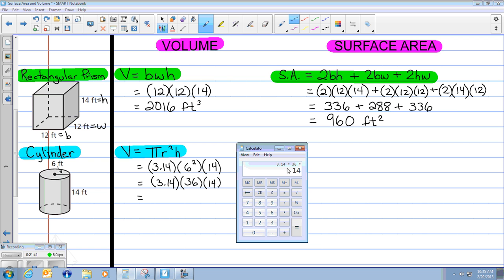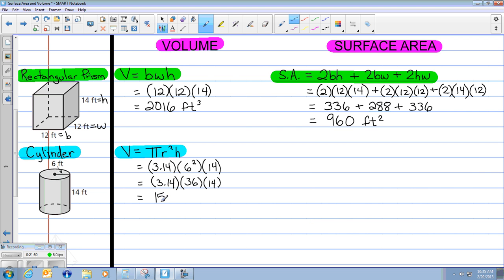I like this calculator because I can see everything I've done and I know if I've typed it incorrectly. So we have 1,582.56.